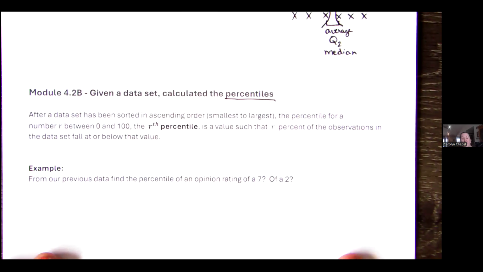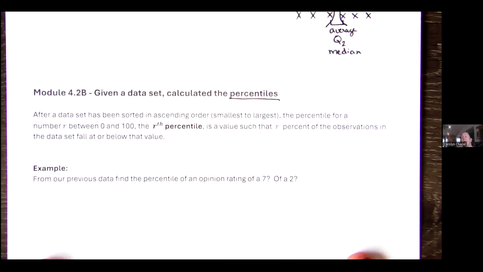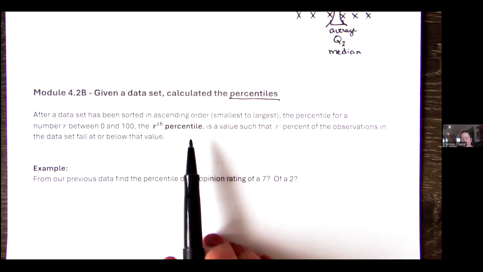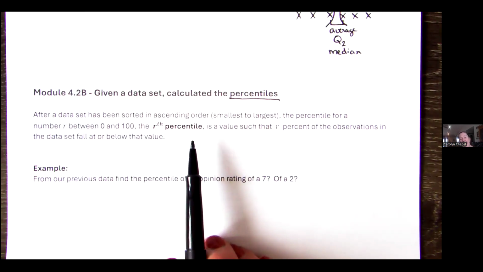Well, the word percentile tells you the percentage of people or objects, if these aren't people, that are at your value or smaller. So the thing is to think they are at or below.